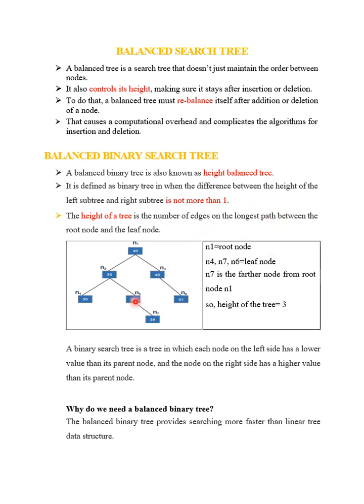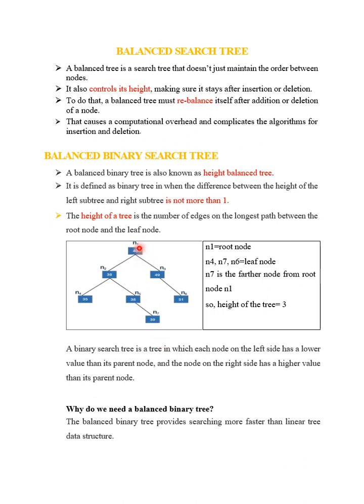So how to find the height of the tree? The height of the tree is nothing but the number of edges on the longest path between the root node and a leaf node. So consider this example. Here N1 is considered as the root node and these three nodes, that is N4, N7 and N6, are called leaf nodes. To find the height of the tree, we have to check either on the left side or on the right side for the longest path.